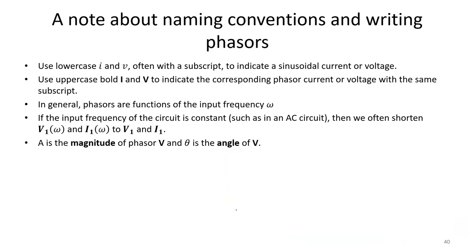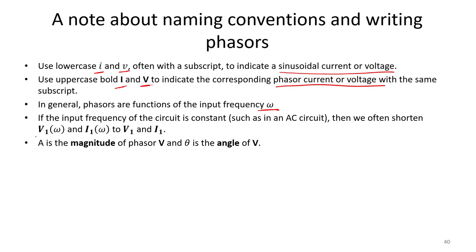There's a couple more points I would like to bring up before we do our example. First is some naming conventions. You'll notice that we generally use lowercase i and v to indicate sinusoidal currents and voltages, but we use uppercase bold I and V to indicate a phasor in frequency domain. In general, remember phasors are functions of that input frequency omega.